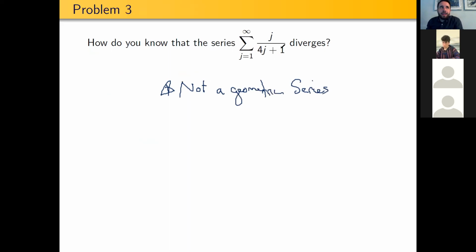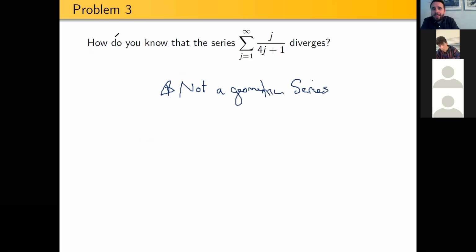It is not C times R to the k. Not a geometric series, but theoretically it could still be a convergent series that is not geometric. So how do we know definitively that it does not converge?